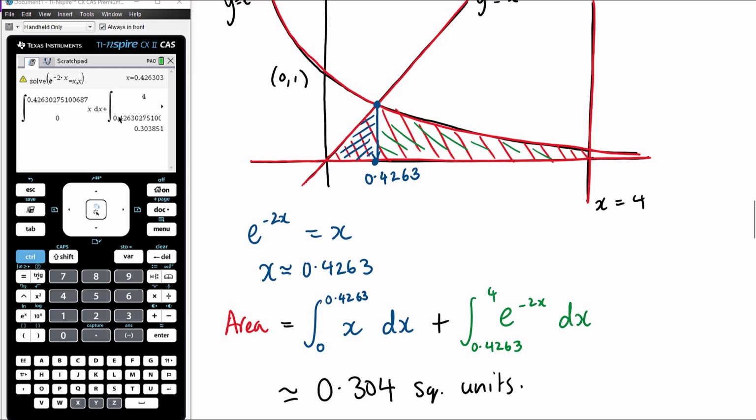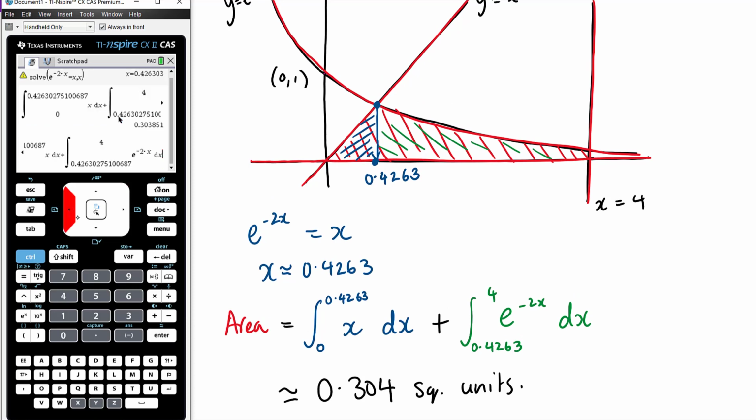Let me just show you what would have happened if I had actually just typed in this number, which if I typed in what it said above, it would have been 0.462303, so it was rounded to 6 decimal places. If I do that over here as well, just so you can be confident that using 6 decimal places is more than enough to get an accurate answer to 3 decimal places.